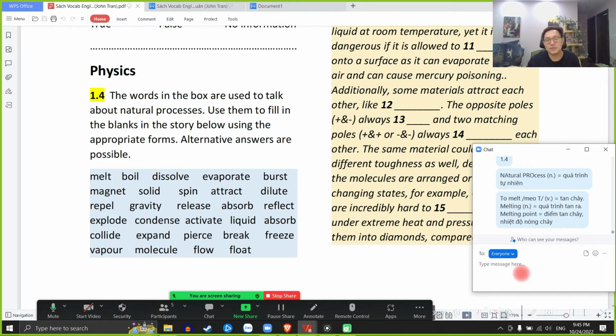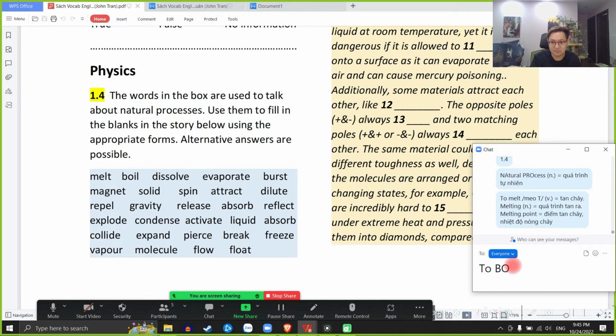For example, the melting point of lead is 287 degrees Celsius, if I remember right.